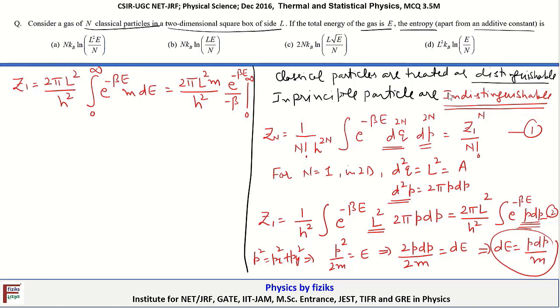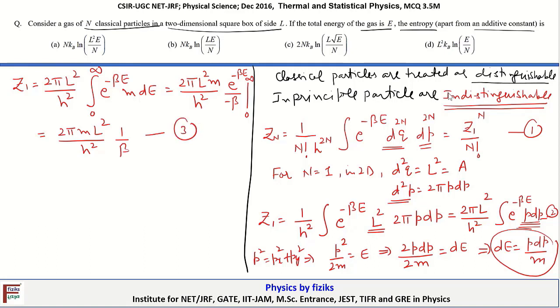Okay, and after evaluating the limits from 0 to infinity, this comes out to be equal to 2 pi m L square upon h square into 1 by beta. So let me call this equation 3.